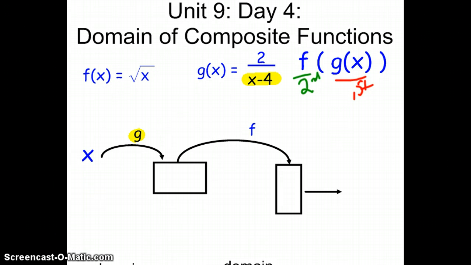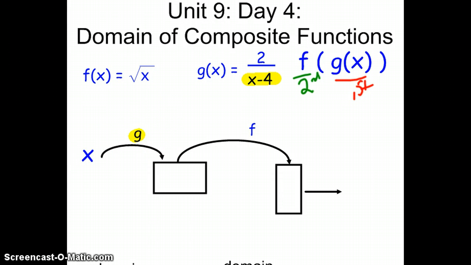So the domain of g of x can be any number but 4. As long as I don't plug 4 into g of x, then I'm good. So I'm going to remove 4 from the picture, and I can plug any number into g of x, as long as it's not 4, and get out an answer.